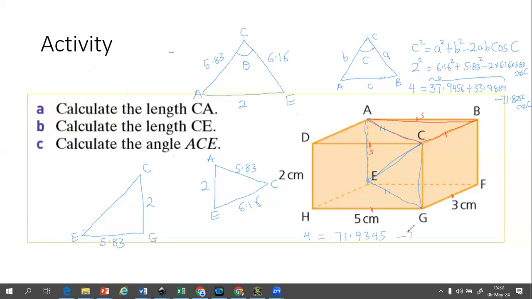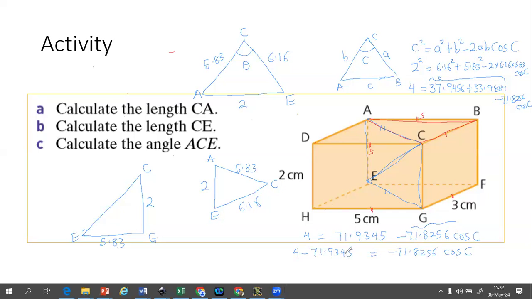Yes. Now this is cosine of C. One of the mistakes usually people make is they subtract the two. You cannot subtract 71 and this one. So the first thing you do, take this 71 this side. So you say 4 minus 71.9345 is equal to negative 71.8256 cosine of C.